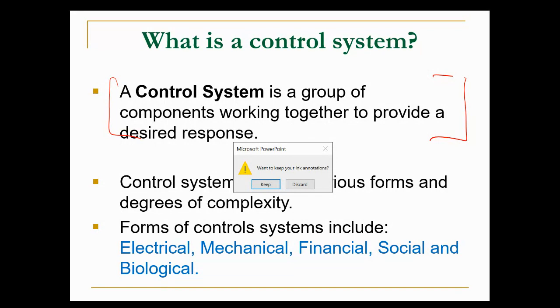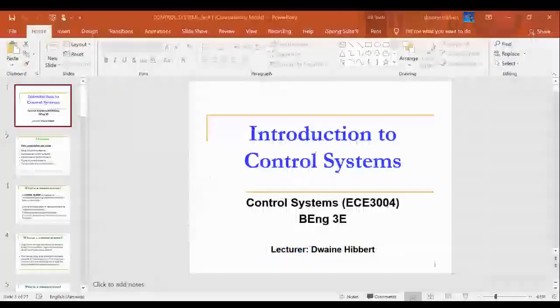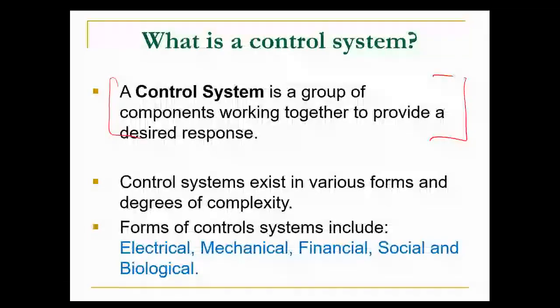When we speak about a control system, we're talking about the desire for a certain result. Regardless of the nature of the control system, where you find it, it is always going to be the same. There is a desired response. I want us to bear that in mind as we think about it.